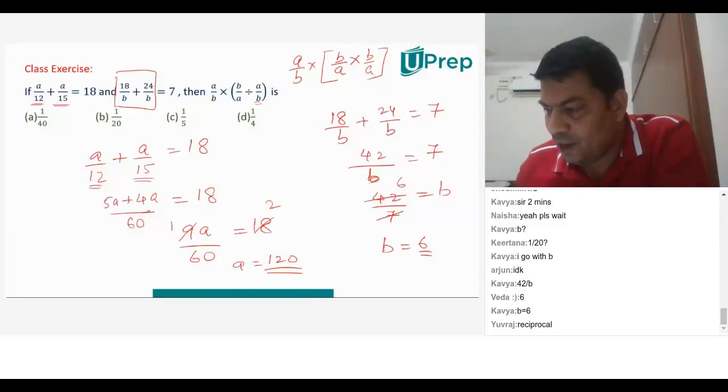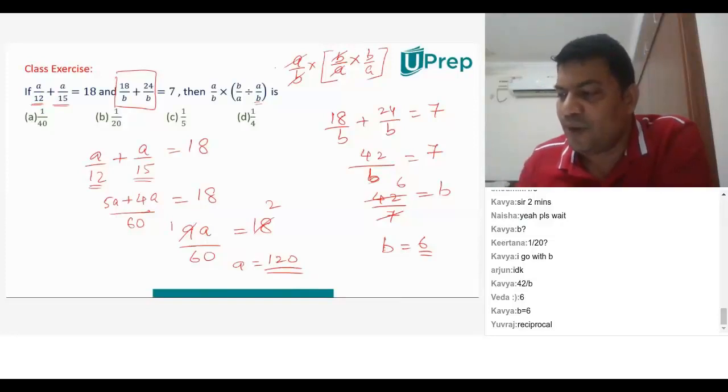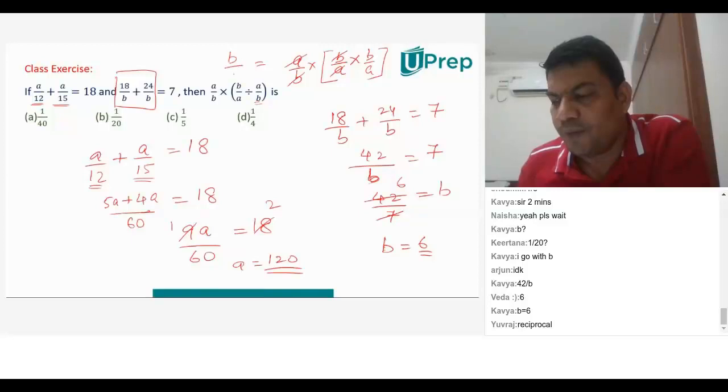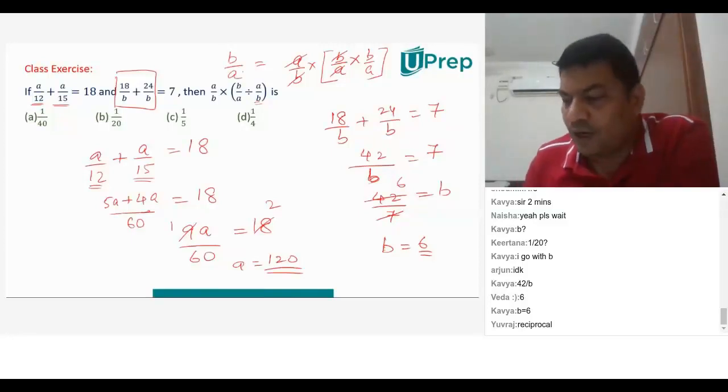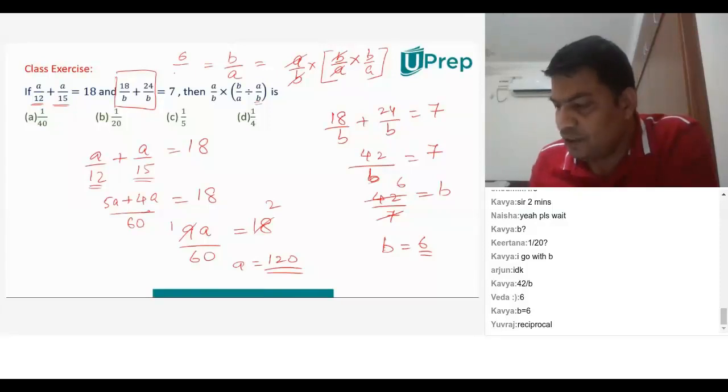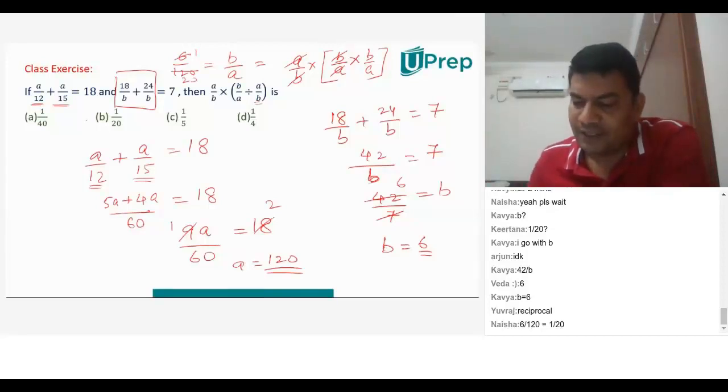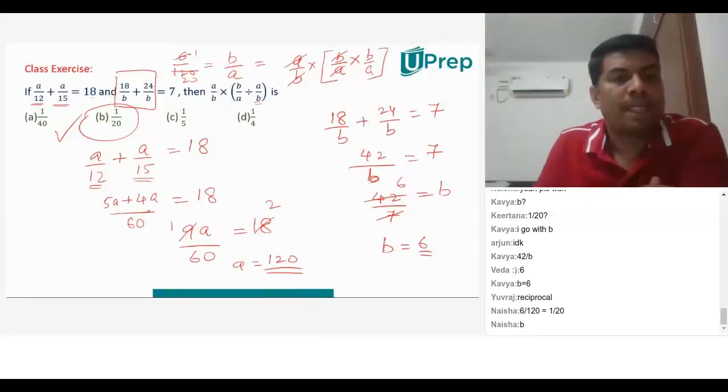Now you have A by B into B by A into B by A. Now this B and this B can be cancelled, and you can cancel this A and this A. That is equal to B by A. Now B is 6 and A is 120. 6 ones are 6 and 6 twos are 12, therefore it's 1 by 20. Therefore your answer is option B.